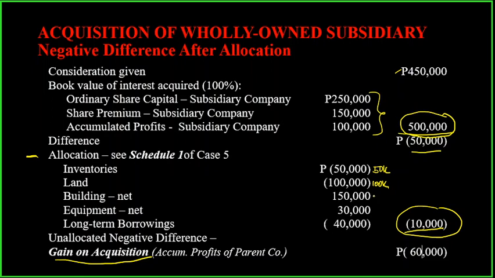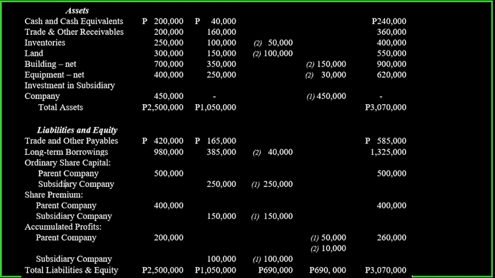This one will be negative, so you credit that, and this one will be positive, so you debit that. So this one will also be positive. So you know your investment is debited. Oh, your investment is credited. And this is now the third entry to record the gain on acquisition.